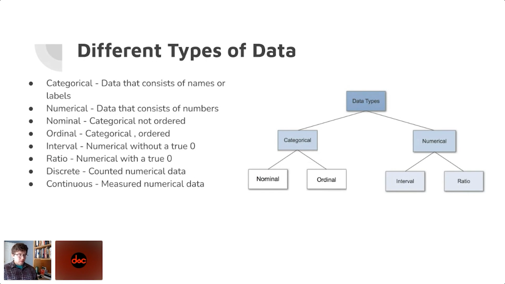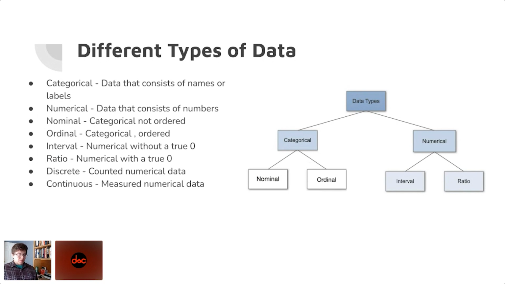Categorical data consists of labels and names, like a collection of subjects in classes, or grades like A, B, C, D, and so forth. Numerical, as the name suggests, consists of numbers. These can be heights, weights, and so forth.